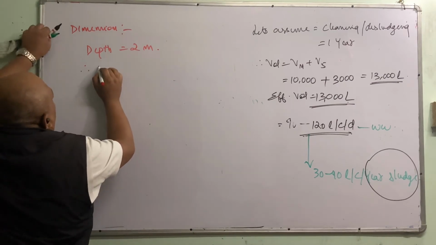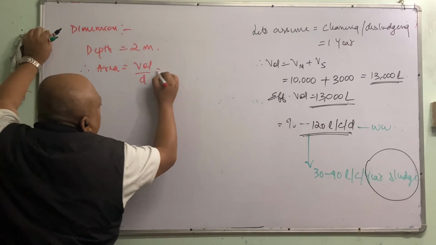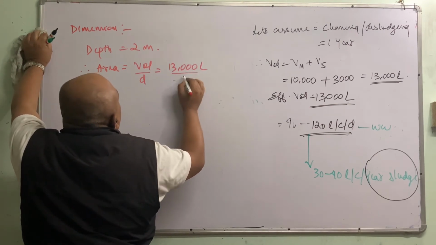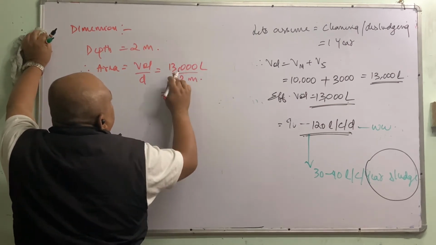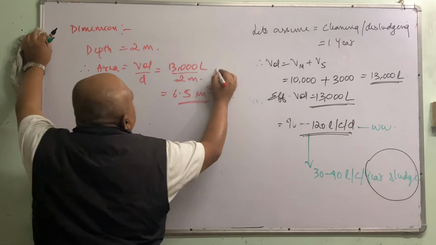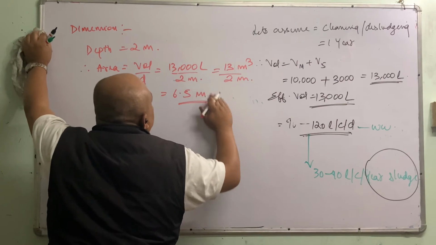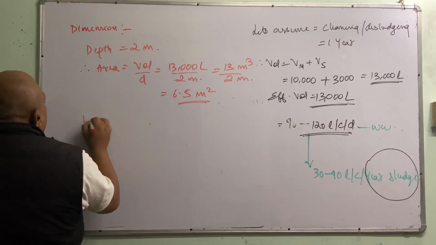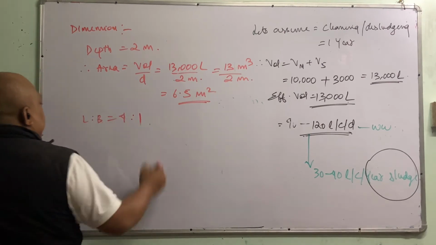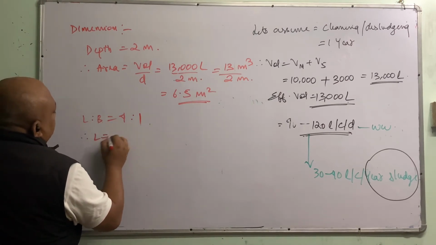Therefore, area is volume by depth, equal to 13,000 liters by 2 meter. 13,000 liters means 13 meter cube by 2 meter, so 6.5 meters squared is the area. Length to breadth is 4:1. Therefore, length by breadth is 4, length is 4 breadth.